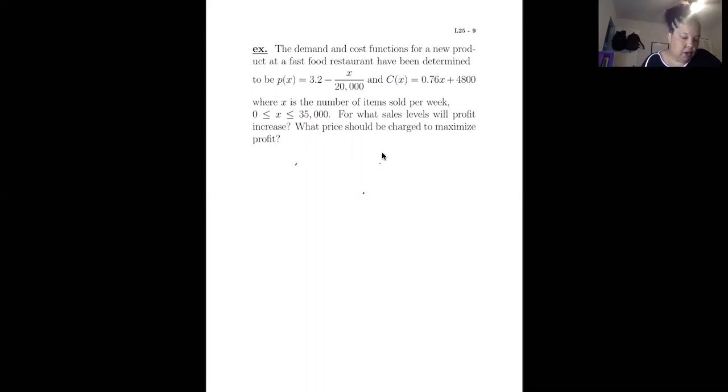All right, so what I need to do is I need to maximize my profit function. I don't have a profit function, but I can come up with a profit function. Remember, profit equals revenue minus cost.